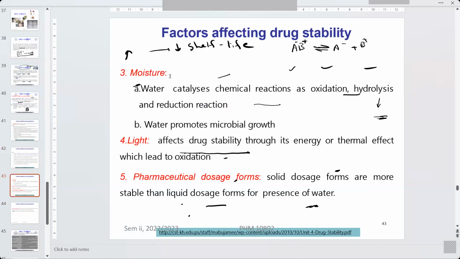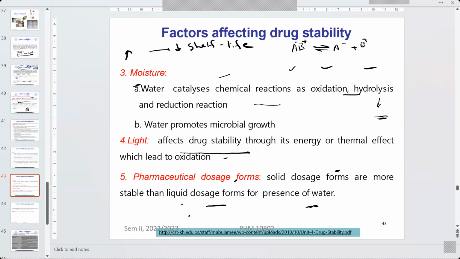Now, if you go to moisture, you know that for drugs to react, they must be in solution. So moisture will catalyze chemical reactions such as oxidation, hydrolysis, and reduction reactions. Also water will promote microbial growth. Microbes like bacteria and fungi need an aqueous medium to grow. So for dry products like tablets, you will not need any preservative.